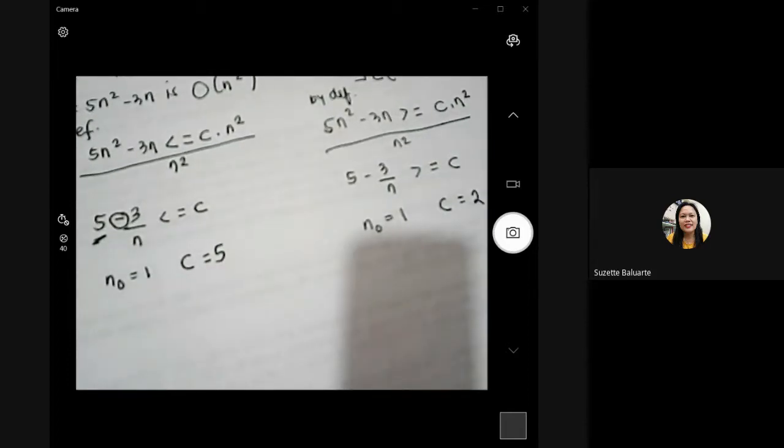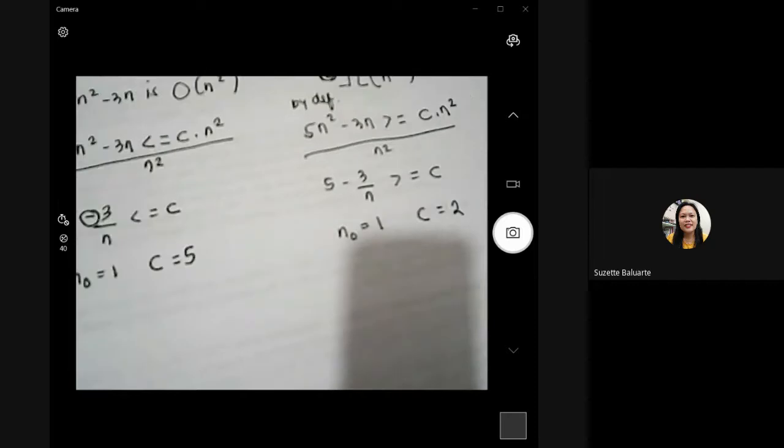2. Did you see the difference? Since there is a minus, what you do for big O is the reverse for big omega. When it is plus, you add. But now the value is minus, so it is reversed. This is for big O and this is for big omega.